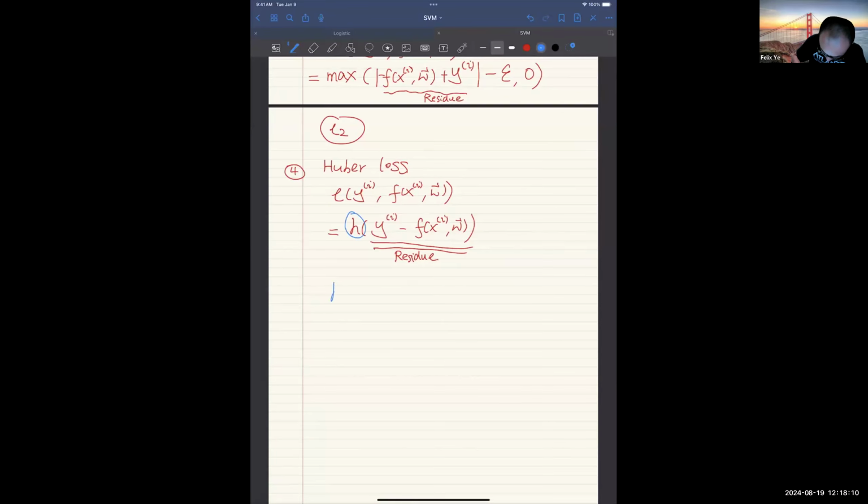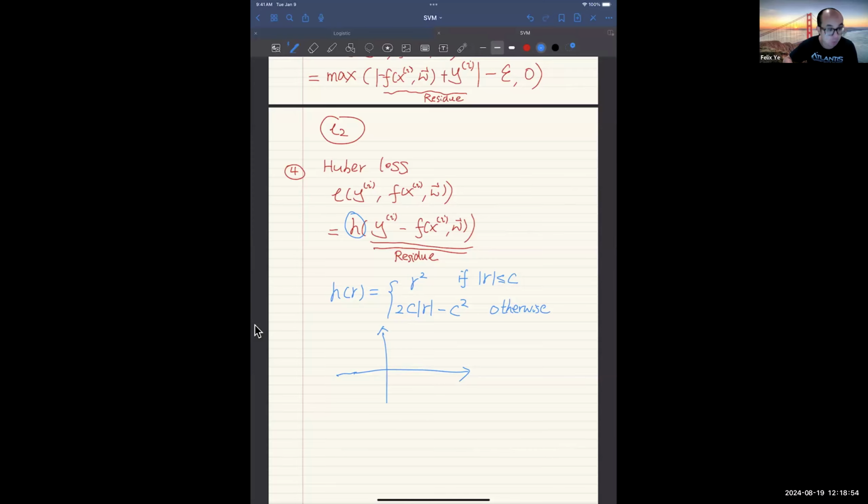This h function is defined as follows. It is equal to r squared if the absolute value of r is less than or equal to c. It is equal to 2c times the absolute value of r minus c squared otherwise. This is very interesting. The function h looks something like this.